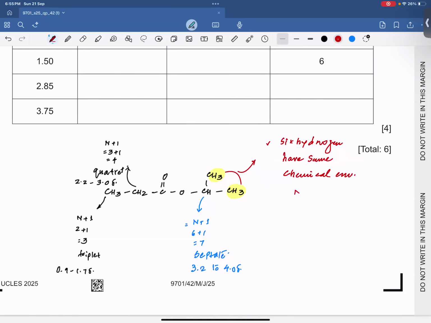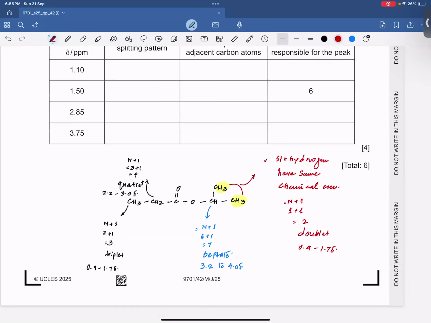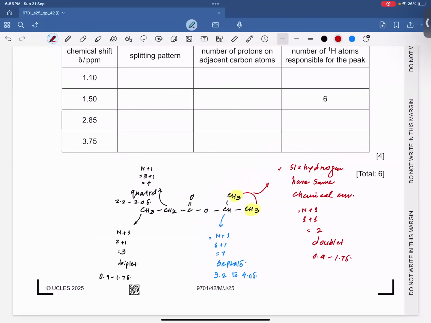Which means if I use the n+1 rule on that carbon, it has only 1 hydrogen in its neighbor. So obviously it's going to be 2, a doublet. And obviously this is alkyl, so 0.9 to 1.7 delta. Okay.